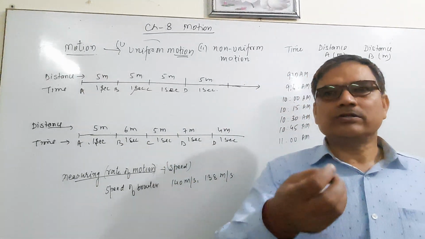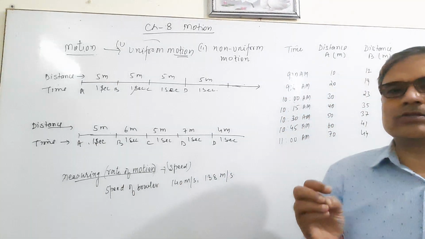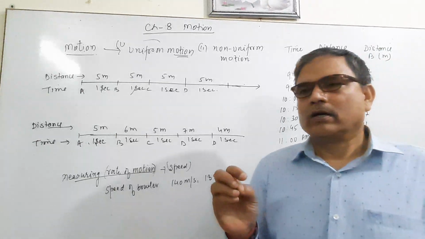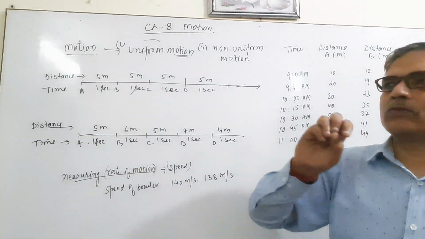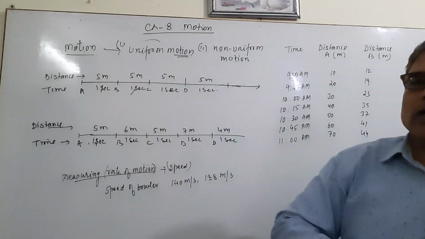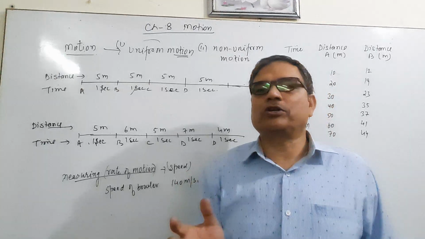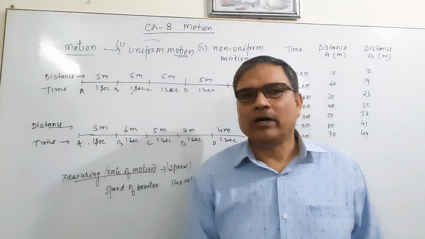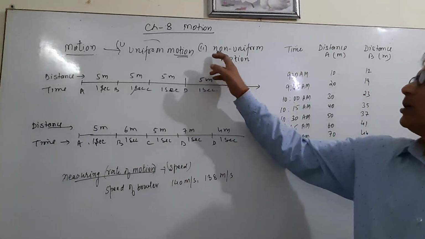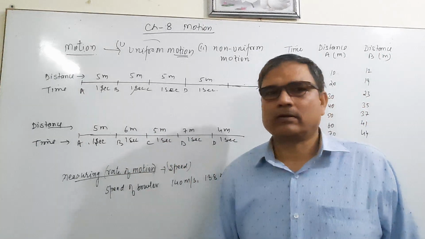All are looking the same; there is no change in the color of the school uniform. Non-uniform means all students are in uniform except 2 or 3, maybe 4 students, who are without uniform. Then we say non-uniform, not in proper dress.